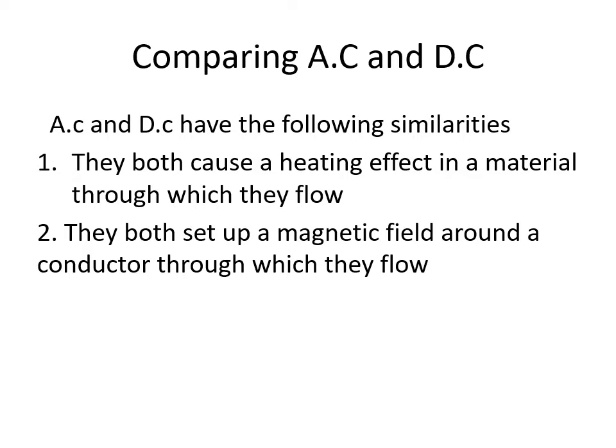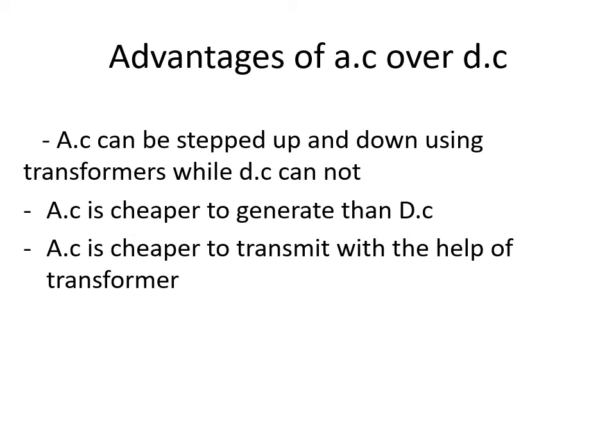DC sets up a magnetic field around a conductor, equally AC sets up a magnetic field around a conductor. These are the two similarities between AC and DC.